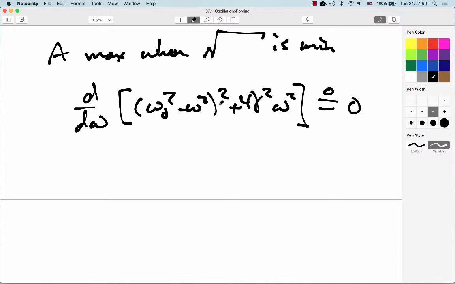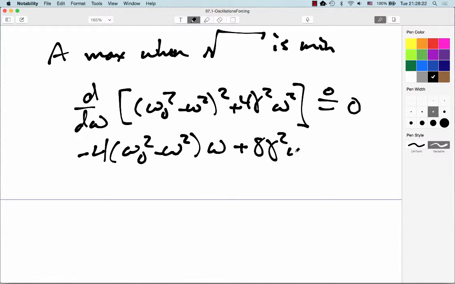Alright, so let's do that. Differentiating the first term is going to bring down a 2 times omega naught squared minus omega squared. Derivative of what's inside is going to bring out a minus sign, and give me another 2, so that 2 there now becomes 4. Then I'm left with an omega there. Then differentiating here, bring down the 2 times the 4 gives me 8 gamma squared omega, equals 0. All right, I can factor this.